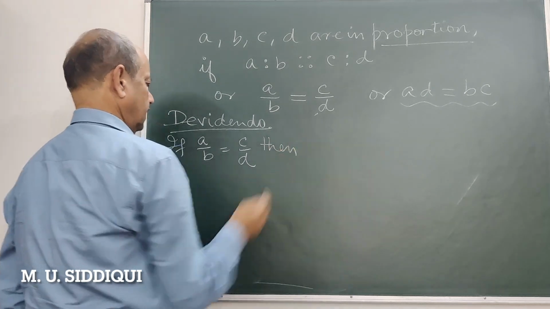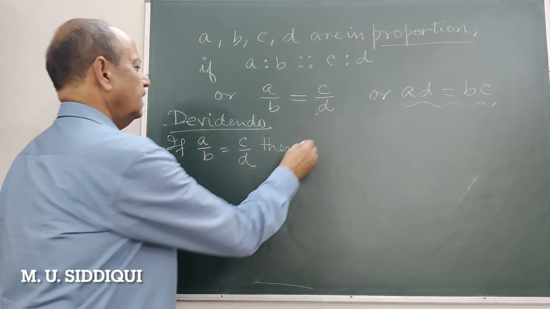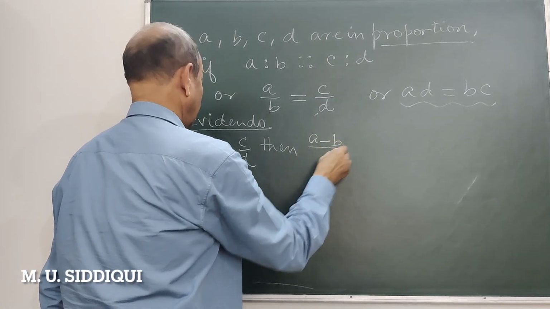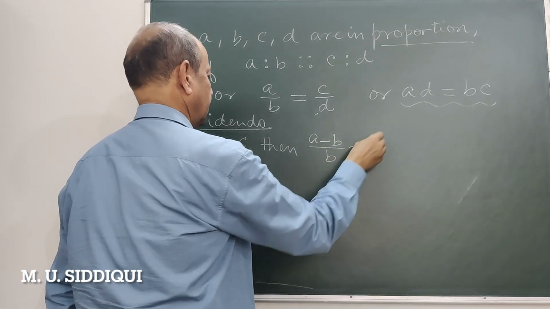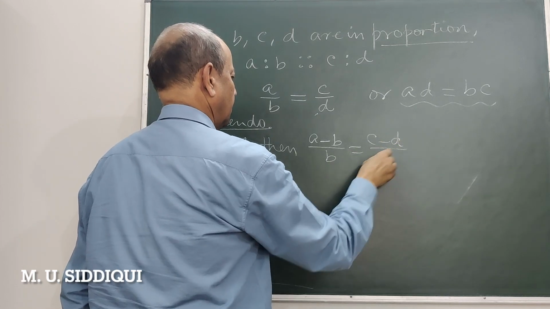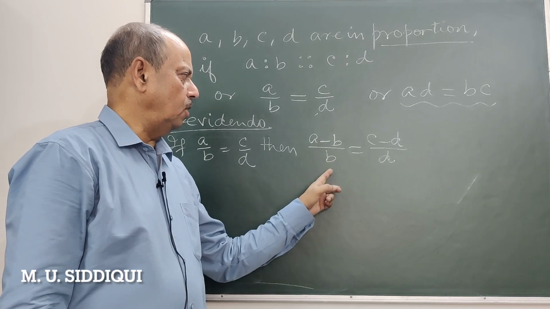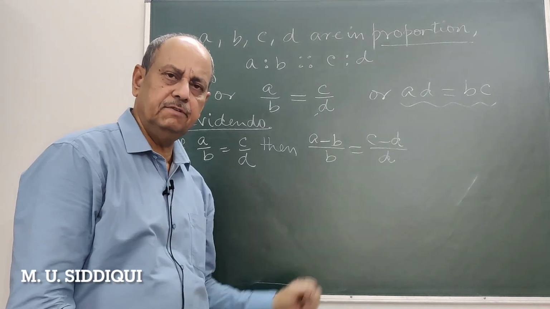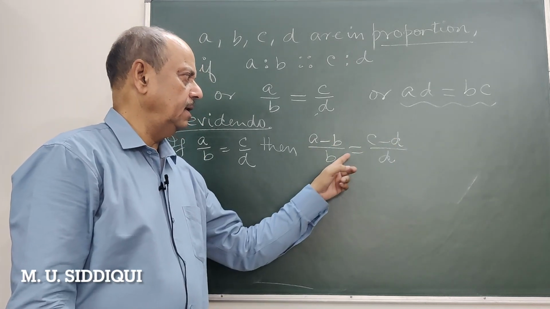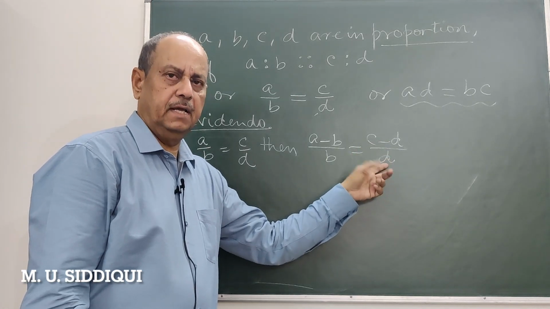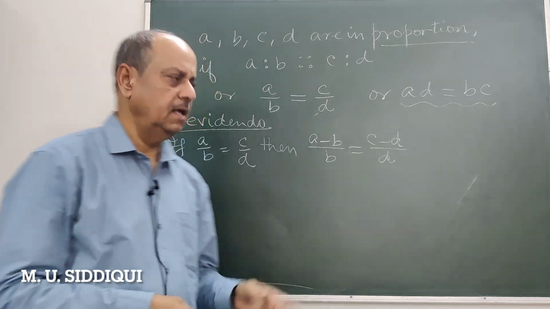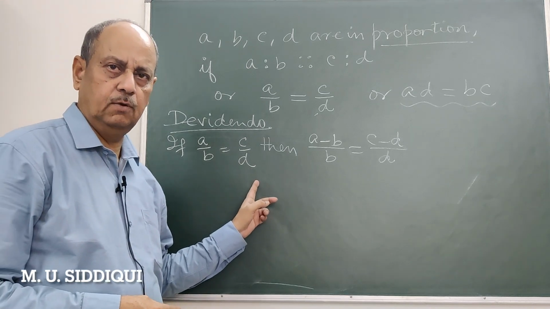Then we can say A minus B upon B is equal to C minus D upon D. In the previous one it was A plus B upon B and C plus D upon D. Here we are saying A minus B upon B and C minus D upon D. These two quantities are also equal if this is given to be equal.